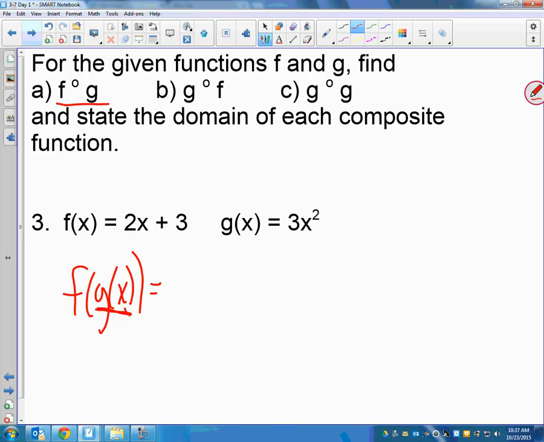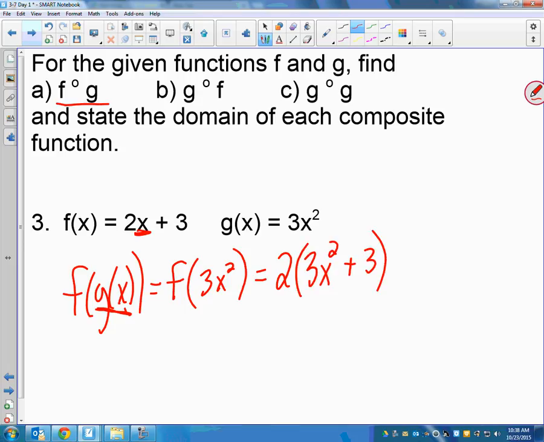So if you want to show work there, leave the f alone, and then replace g of x with what it equals, which is 3x squared. So I'm going to take 3x squared, and I'm going to plug it in to f everywhere I see an x. So I'm going to get 2 times 3x squared plus 3.